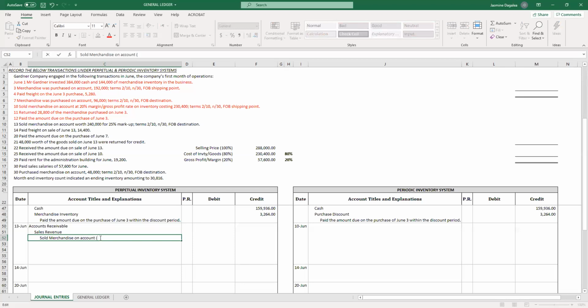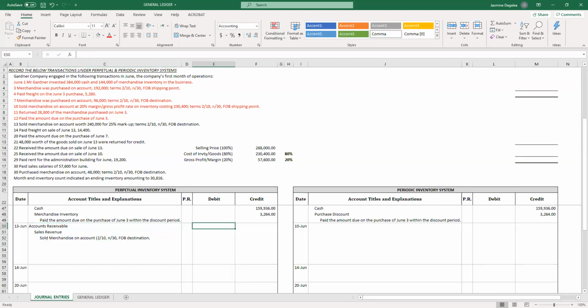How much yung selling price? I-multiply lang, ma'am, ang 25% sa 240. Yes. So, 60,000, yun yung profit nyo.